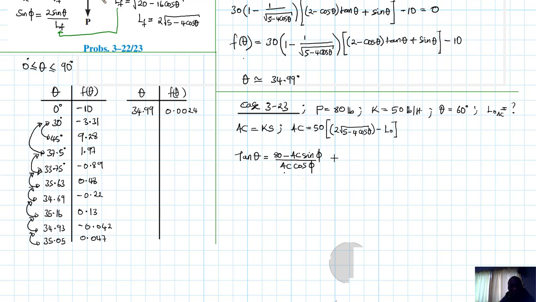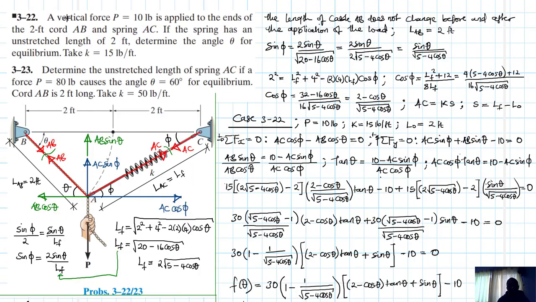Okay. So with this equation, we need to find what sine phi is. And sine phi is just equal to sine theta, remember in the first case, divided by root of 5 minus 4 cos theta. And we know what theta is. So this is the equation here, right? We have sine phi. We have also cos phi.